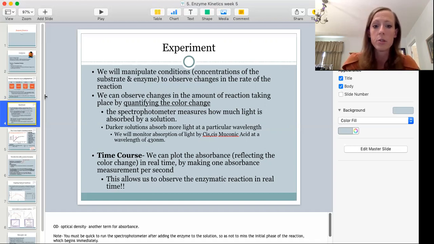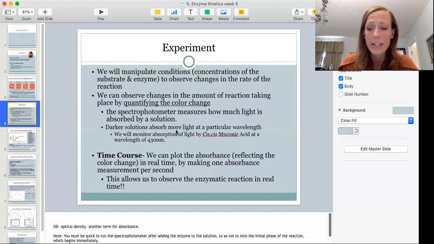And we can quantify this then by monitoring how much light is absorbed. So we're going to use a wavelength of 430 nanometers as the wavelength that we're going to monitor absorption of cis-muconic acid. So as the solution gets darker, then it should absorb more light, and we can then observe that and graph it and be able to see the reaction happening.